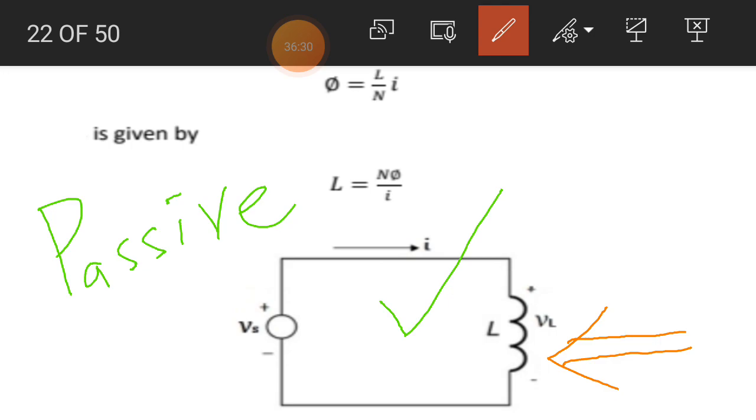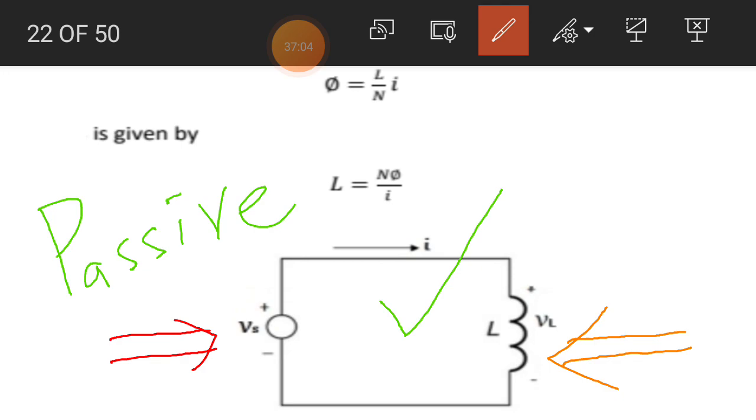So what we do, we apply a time varying voltage across this passive circuit element. The voltage across the source is represented by Vs. Whenever we apply some voltage across any passive circuit element, it results in a current.